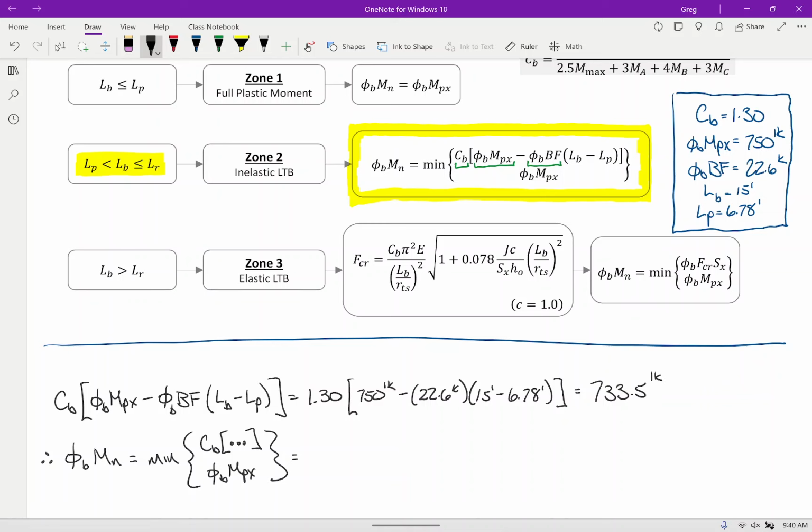So this top row is just this. This is the minimum of 733.5 foot-kips or 750. And by the way, what is our capacity going to be?